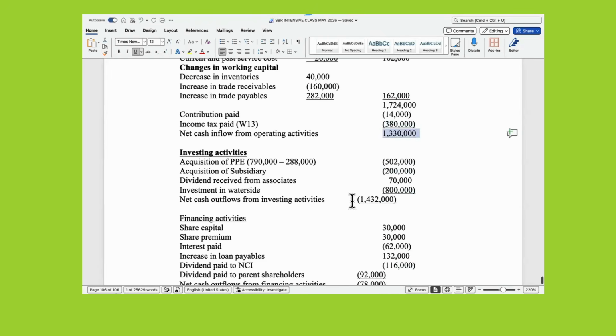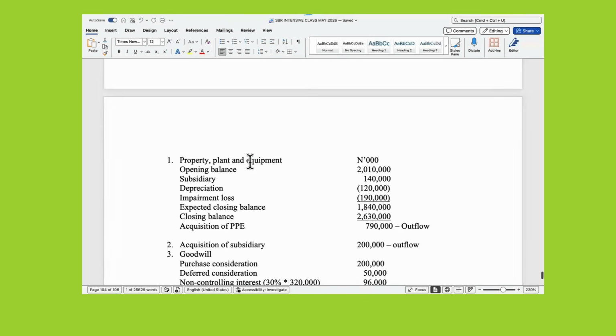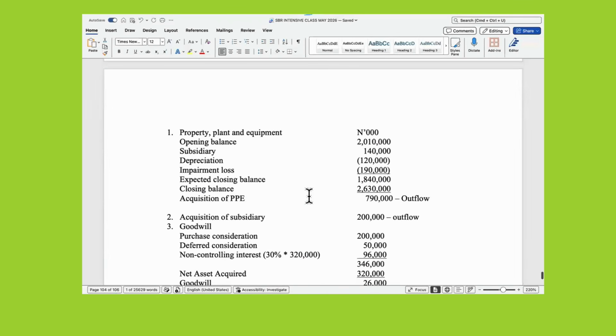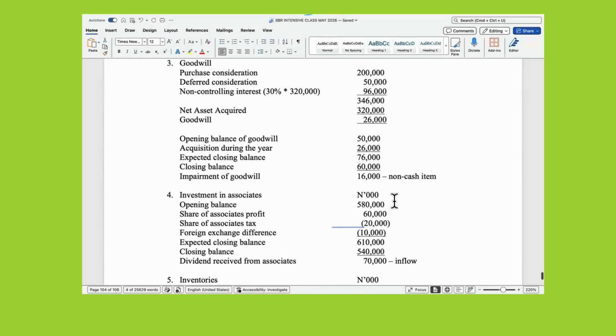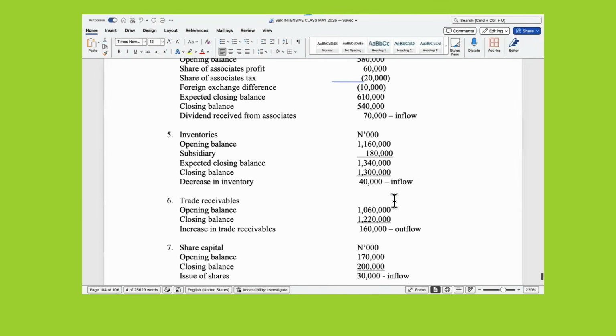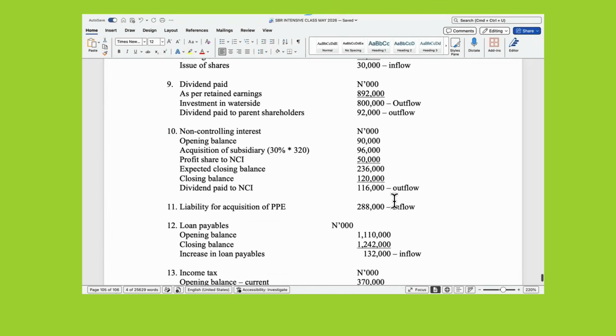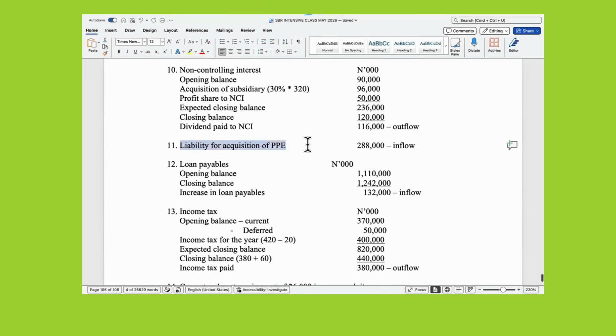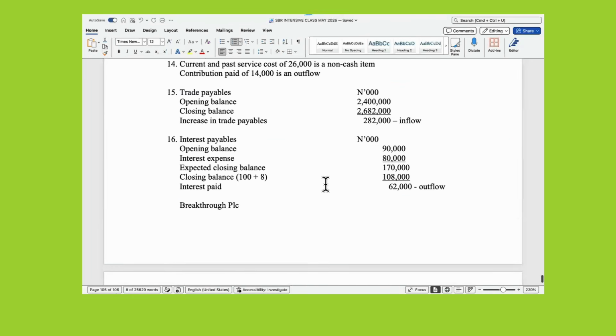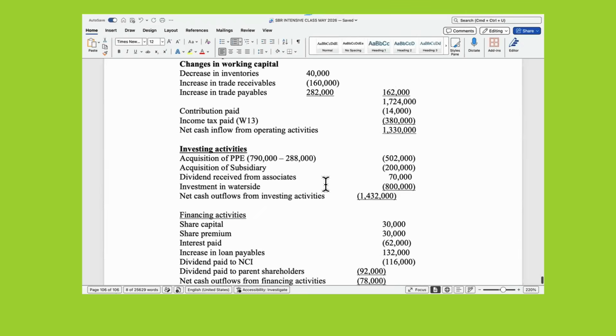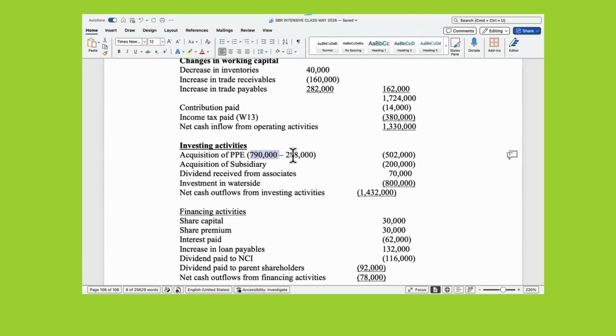Then for my investing activities, which is the asset part, for the PPE, we already identified 790 as the asset that we bought. If you remember, in my workings, that was the first thing I did in workings 5, this 790. But later, which is an outflow, they told me that I also borrowed money to buy the assets, liabilities for acquisition of 288. So that means out of this acquisition, I borrowed 288.